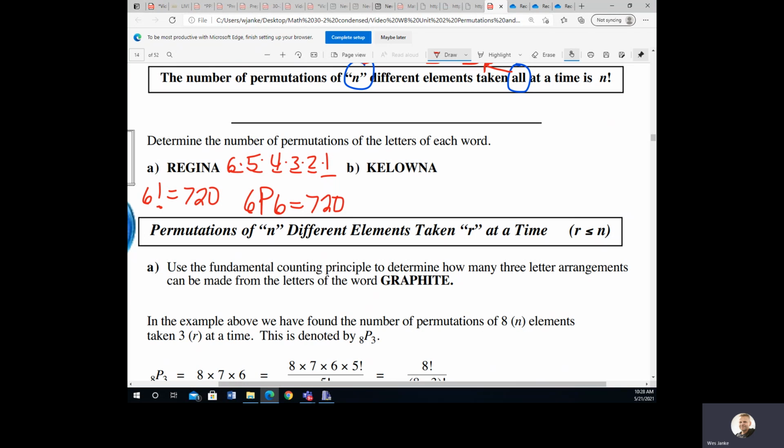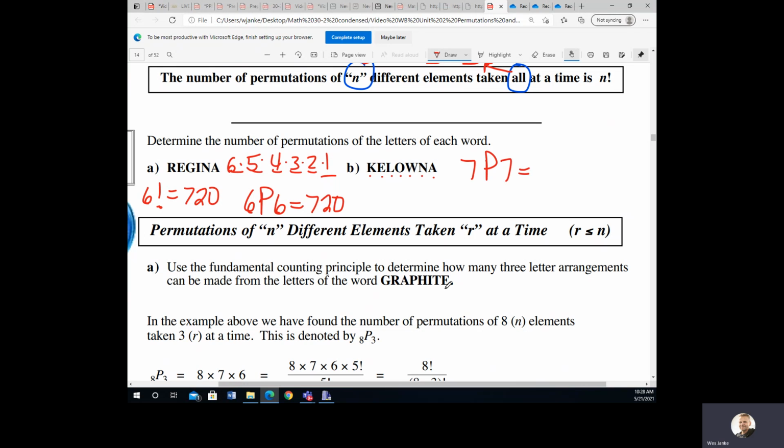So let's try for Kelowna. I have 1, 2, 3, 4, 5, 6, 7. I have 7 letters. And I want a permutation of those letters. And I'm taking them 7 at a time.